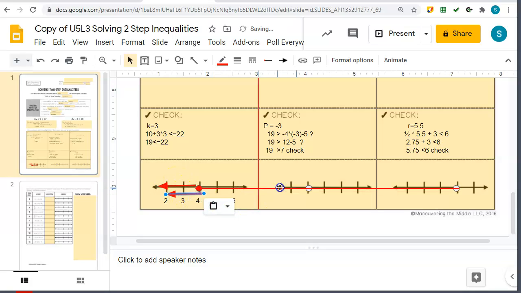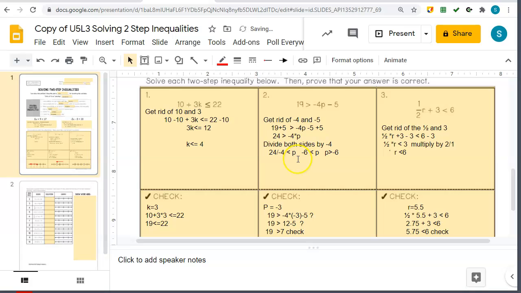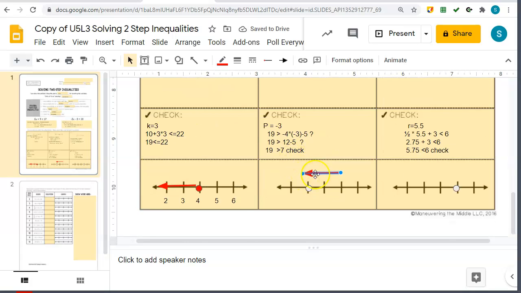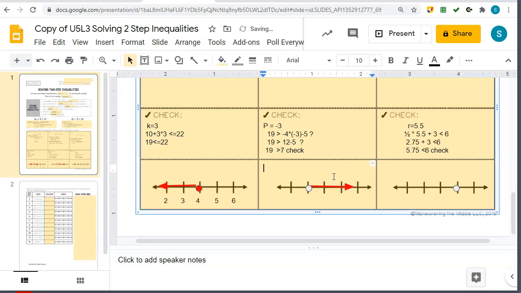So the next one, we want p is greater than negative 6, so we want it to point in the other direction. So I'm going to grab that arrow and put it there. Let's call this one negative 7, this one negative 6, negative 5.